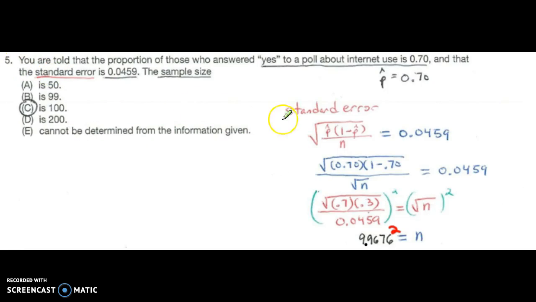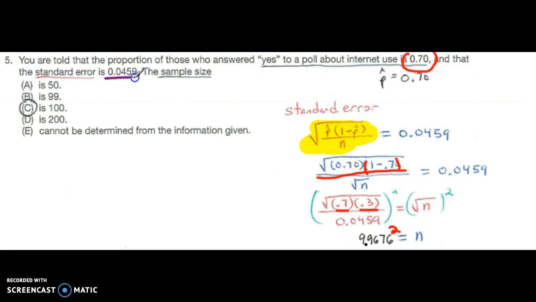In problem number 5, they're asking a question about the standard error. Here is my formula for the standard error. In the problem, they tell us internet use is 0.7. So that is my p hat, and then I can do q hat also. So that's how I got the 0.7, and that's how I got 0.3.